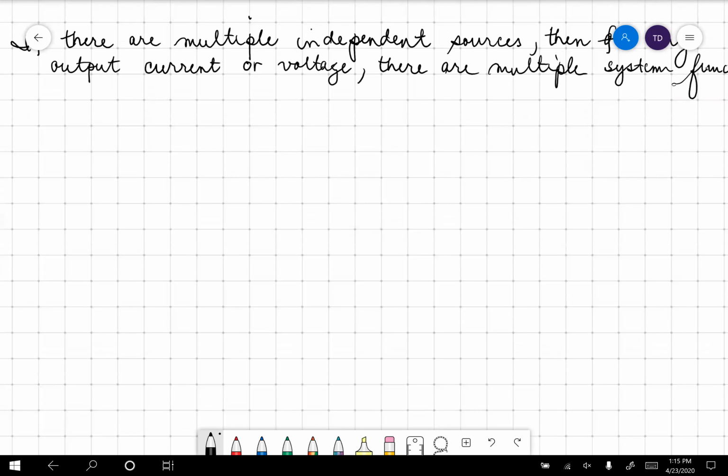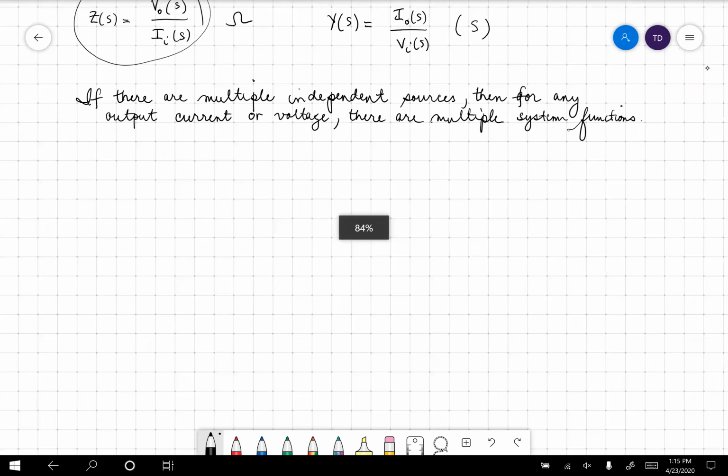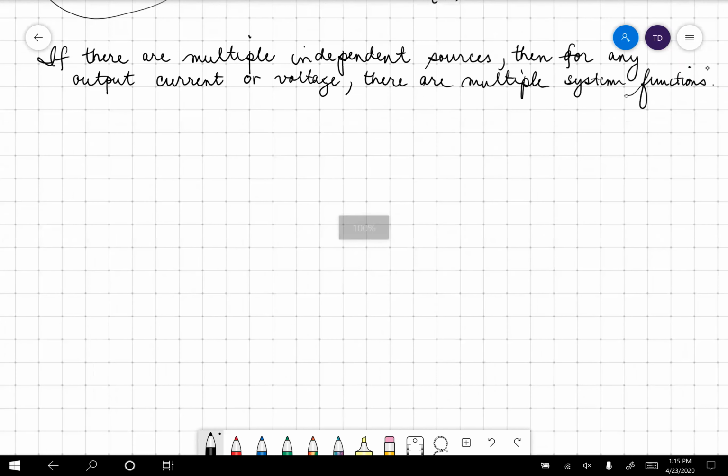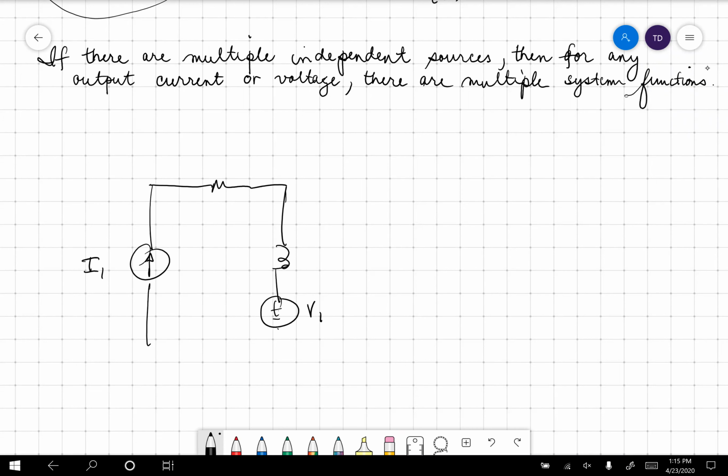So let's come down here and sort of show what I'm talking about. Let's go right to the frequency domain. It's I1. And on top of that, there's who knows what there is. There's an inductor here. Maybe there's a voltage source here. Let's call this one V1. Well, let's put another voltage source here.